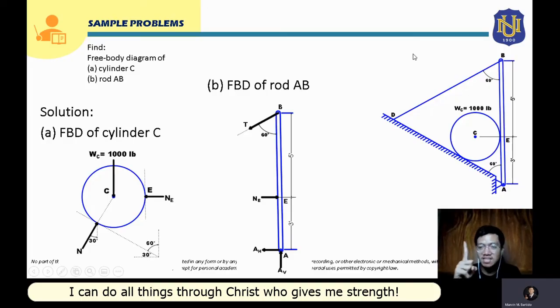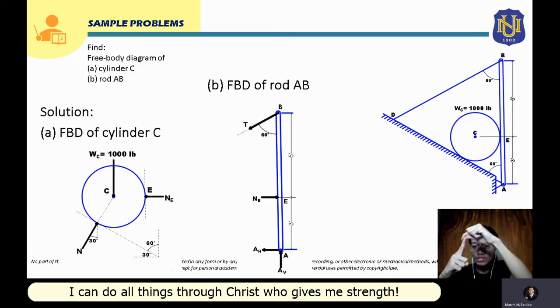The tendency of movement of this system, if this is being pulled by the tension T and this is being pushed by force NE, is that the rod AB will move like this.